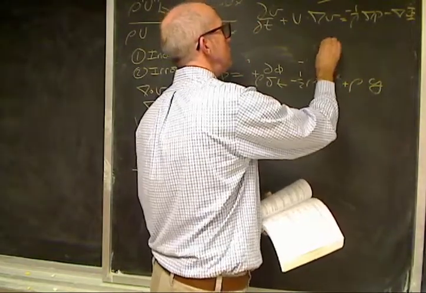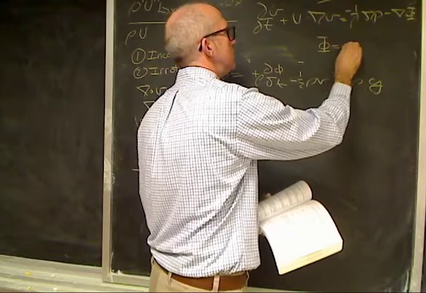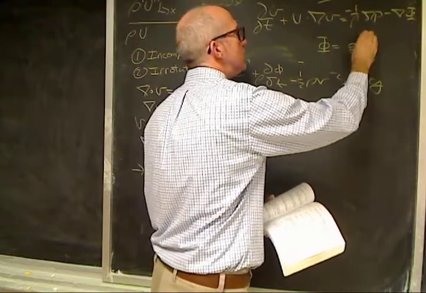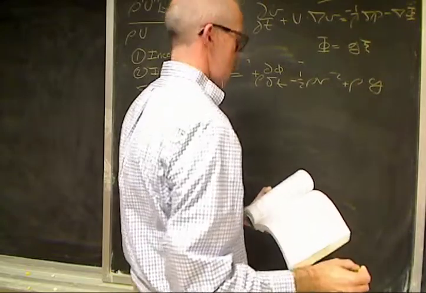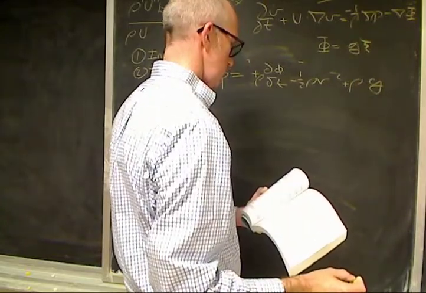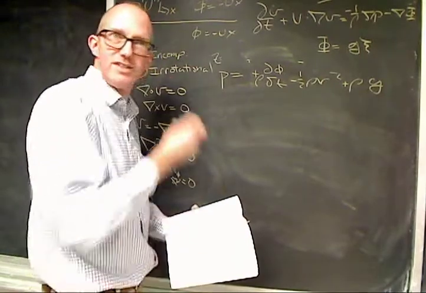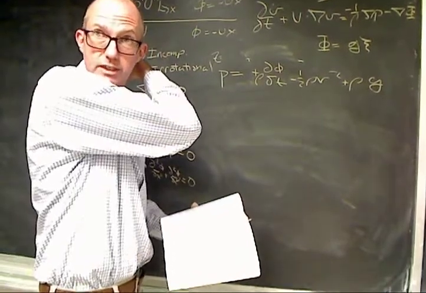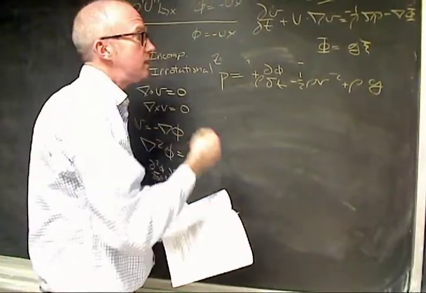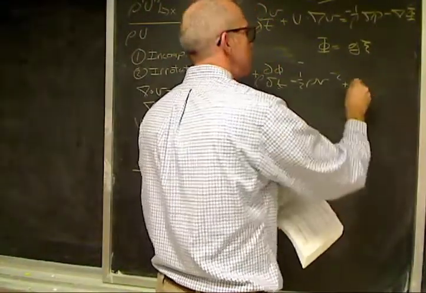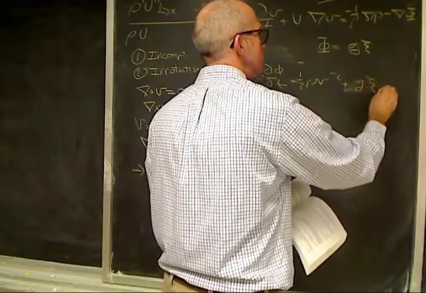Here, let's call phi is g times c. This is just mgh, like you did when you were a freshman. Plus gravitational times c1.